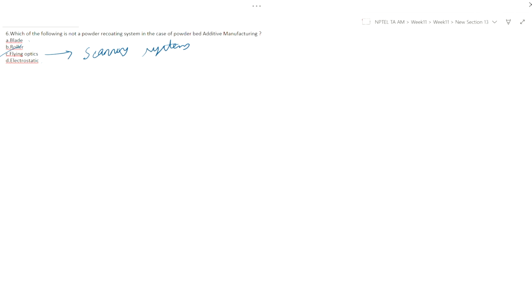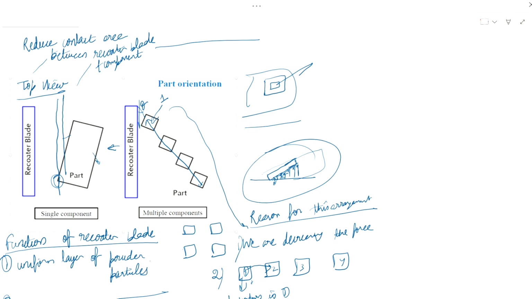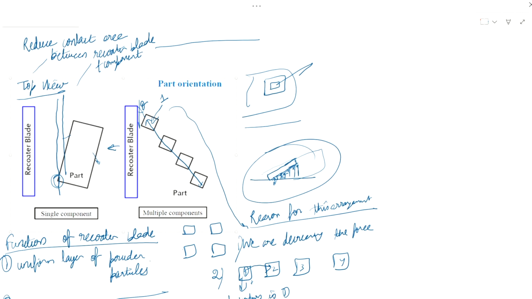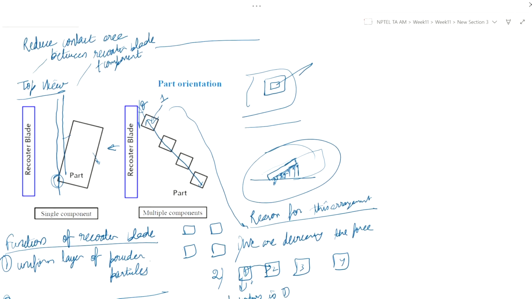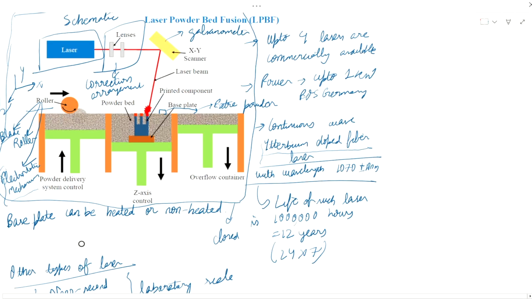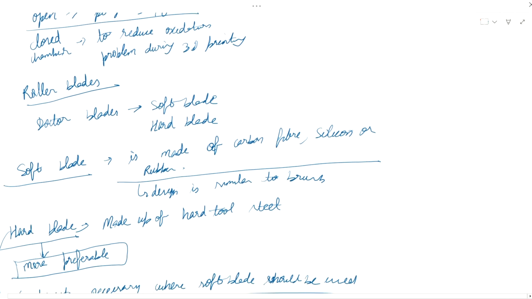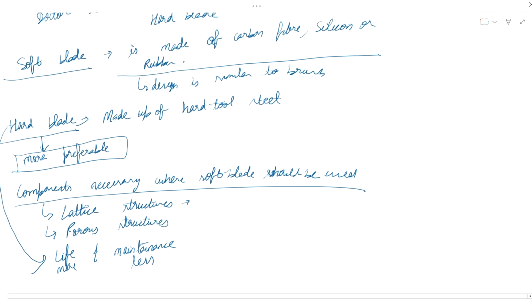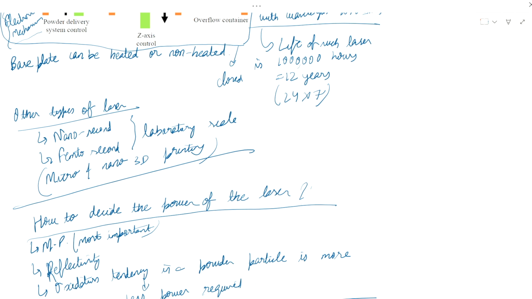We discussed this concept in the part where we covered the different types of recoater: blade, roller and electrostatic. Also we discussed doctor blade, soft blade, hard blade, etc.